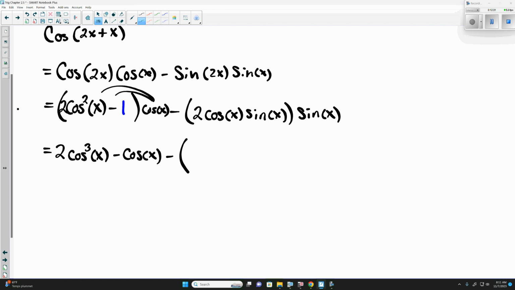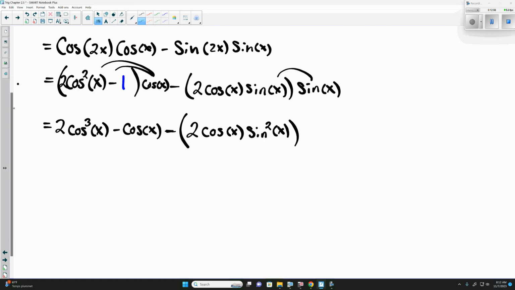We leave the parentheses around the last one because of this minus in the middle, which we will have to apply later on. Now I can distribute sine. So we have 2 cosine of x times sine squared of x. Now, oddly enough, we do have one single term, so we really didn't need the parentheses.